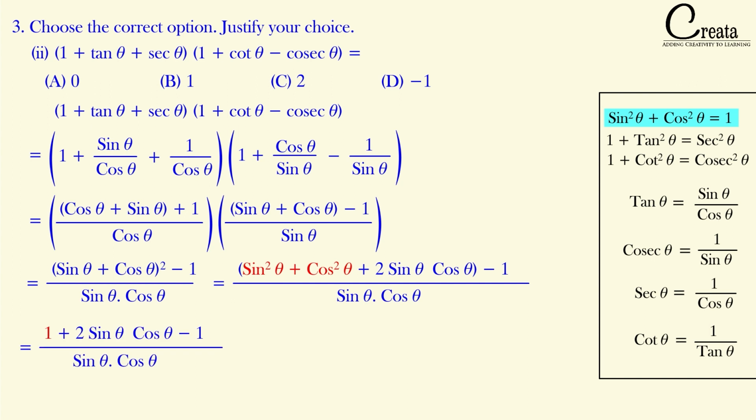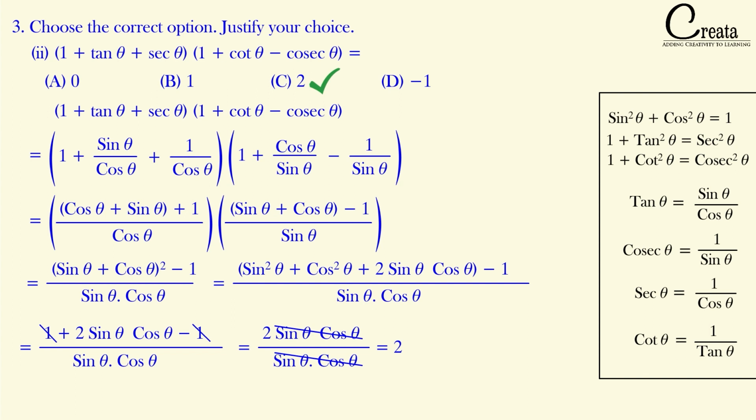So let's replace it with 1. 1 minus 1 will cancel out. We got 2 sin theta cos theta upon sin theta into cos theta. So sin theta cos theta will cancel out. We got our answer as 2. So 2 is the answer of this question. That is option C. Got it?